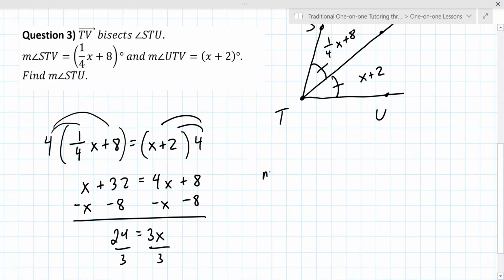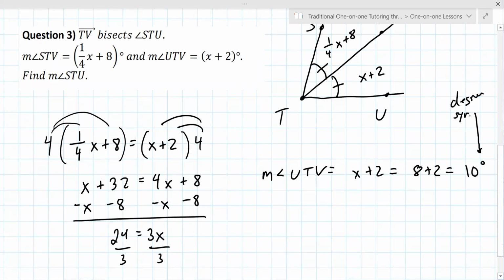So the measure of angle UTV is x plus 2, which is 8 plus 2, or 10 degrees. That degree symbol is really important. Okay. And then the measure of angle STU, that's the other one up here. That's this one right here. It's the same.